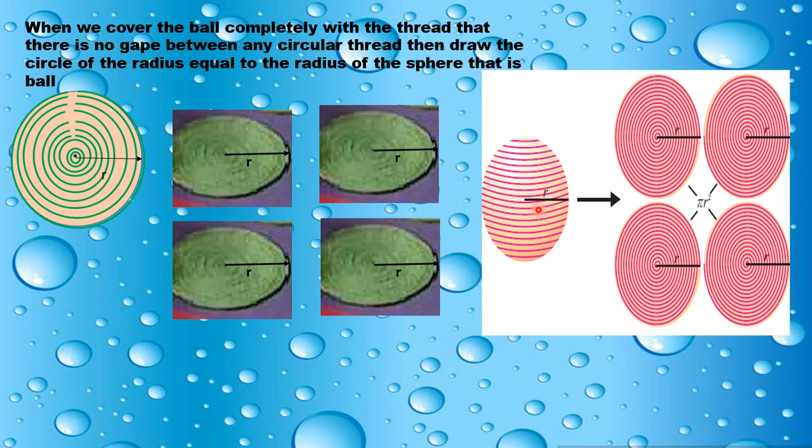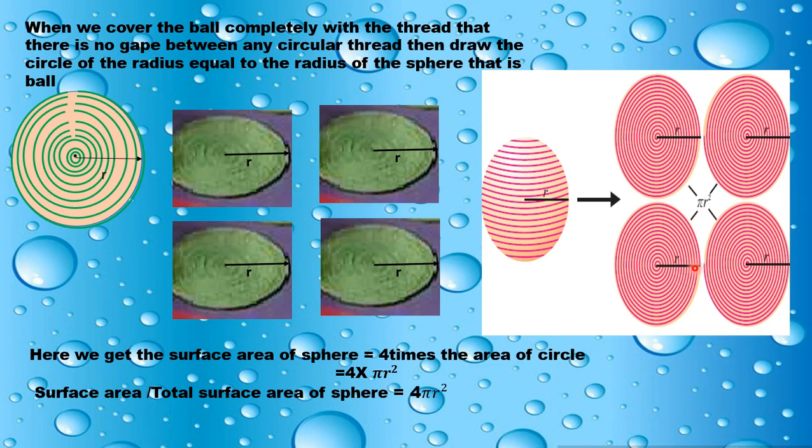So here what we get is that the surface area of this ball is equal to the surface area of these 4 circles. So the surface area of sphere is 4 times the area of circle, that is 4 into pi r square. So 4 pi r square is the total surface area of sphere.